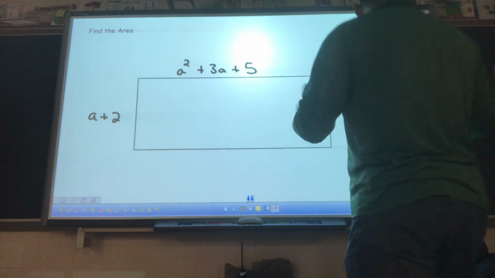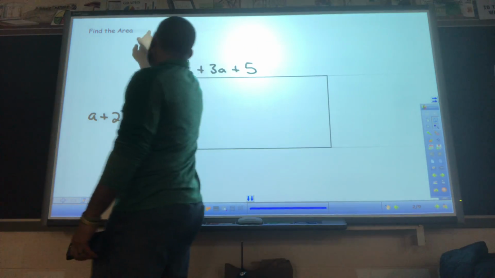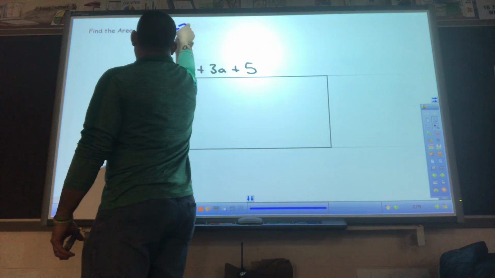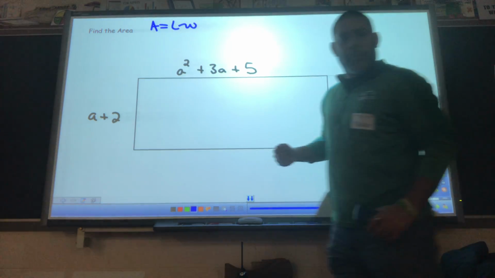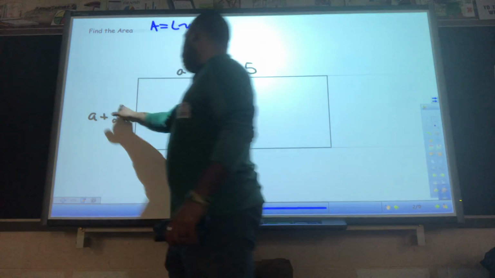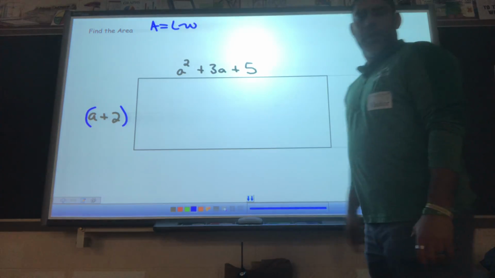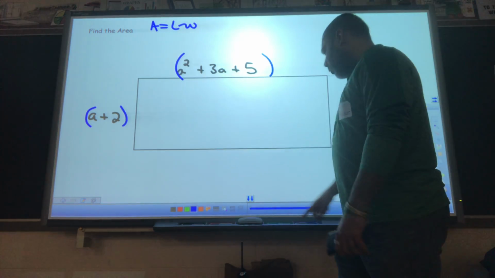All right, let's take a look. Now, reminder, guys, area, length times width. So I have my two dimensions. Just remember, they're written as polynomials. So I have a binomial, a plus 2, multiplied to a trinomial, a squared plus 3a plus 5.